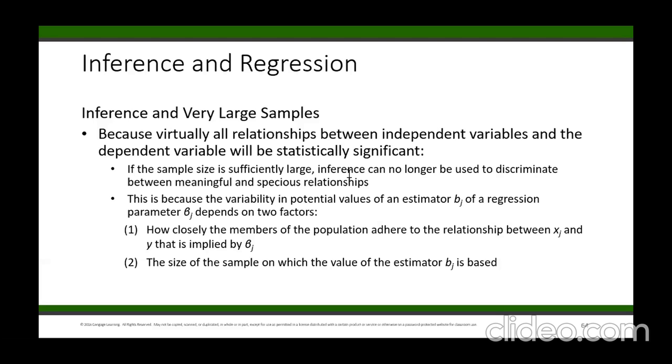That is why when we have big data, when we're dealing with very large samples, the classic methods that we are using may not be 100% accurate. You may conclude that it's significant, you have a p-value less than alpha, but in reality, it may not be the case. That's why in a lot of cases, when we are dealing with predictive analytics in big data, we need to have a training set, a validation set, and a test set.